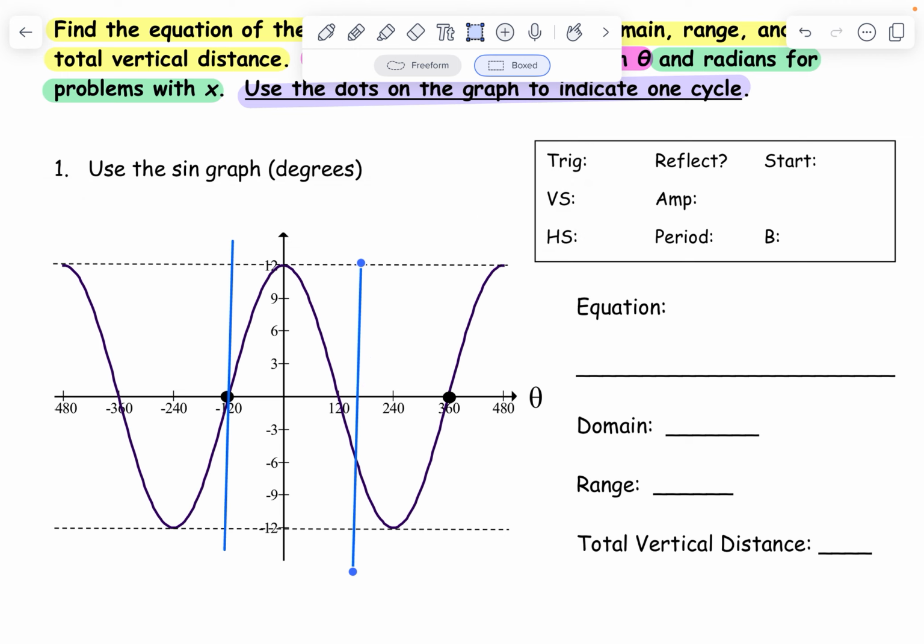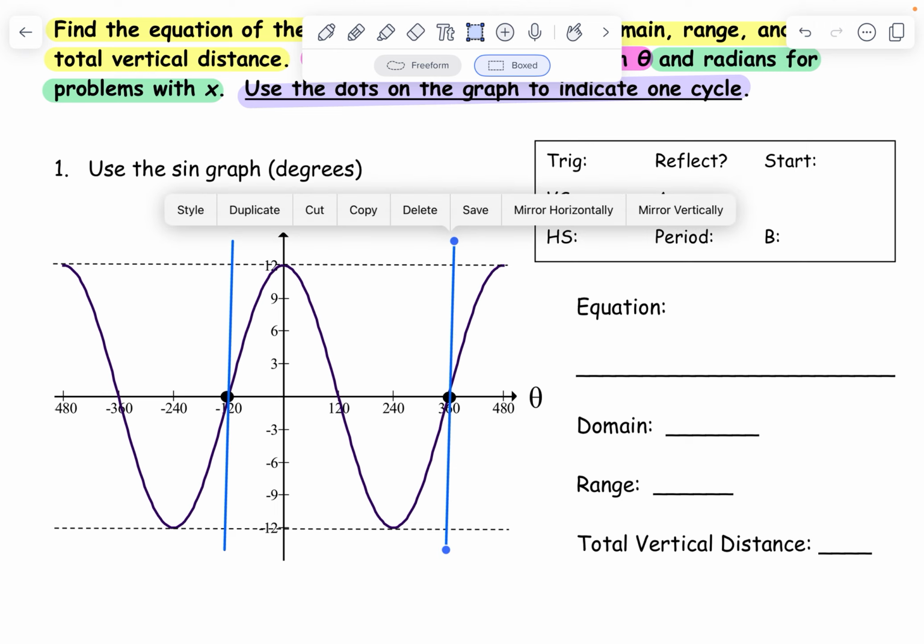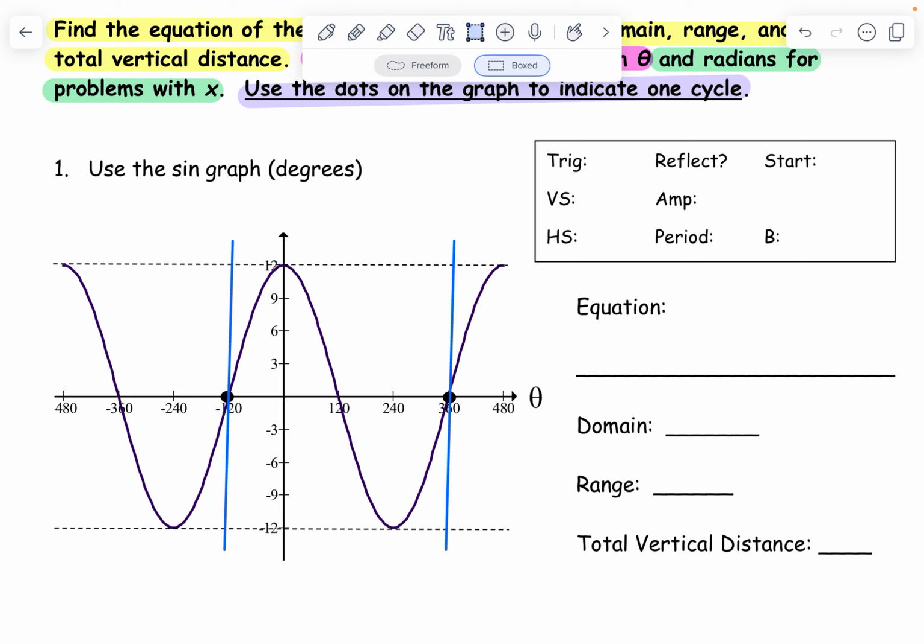If you've got a ruler or straight edge, you can add those lines in yourself. And dot to dot, just like the instructions said, dot to dot is one cycle.